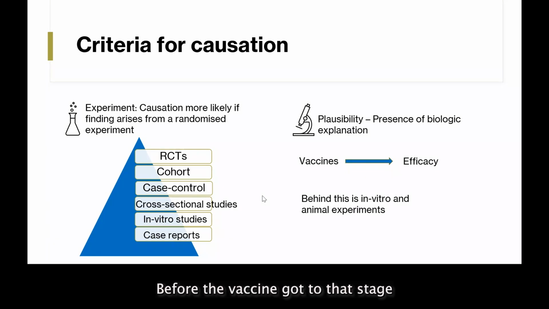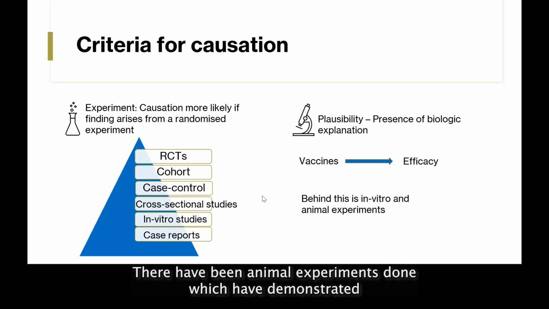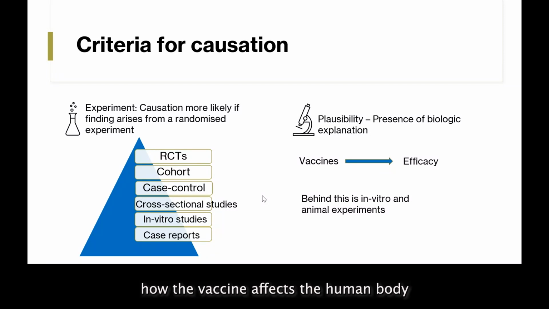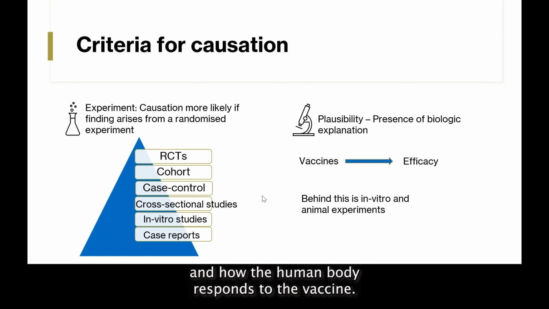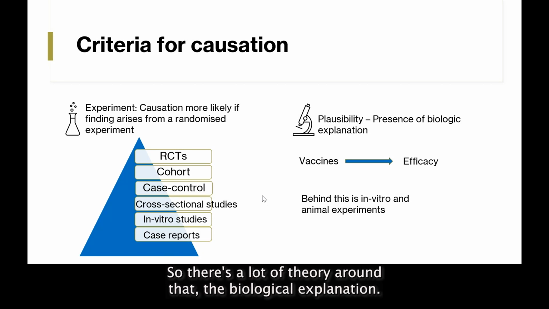Before the vaccine got to that stage, a lot of trials have been done outside the human body. There have been animal experiments done which have demonstrated how the vaccine affects the body and how the body responds to the vaccine. So there's a lot of theory around that, the biological explanation.